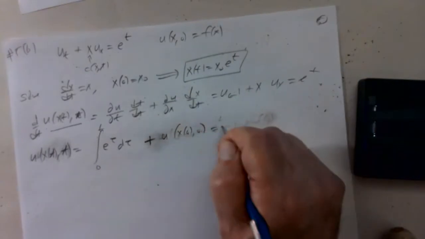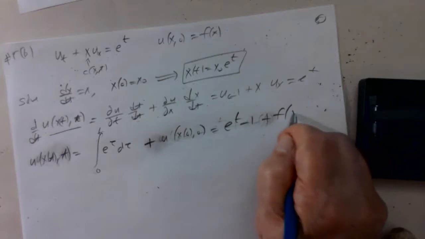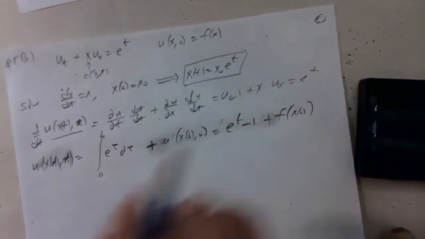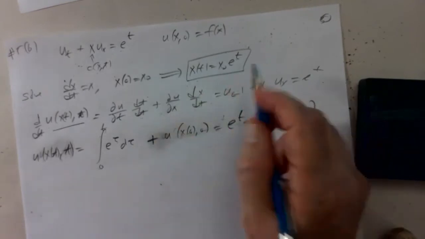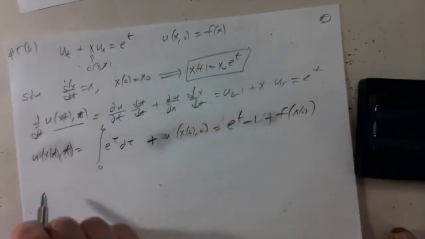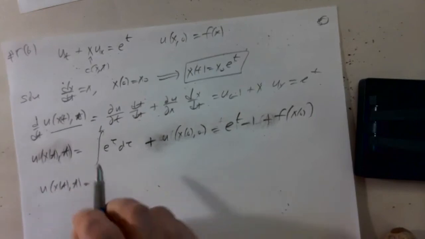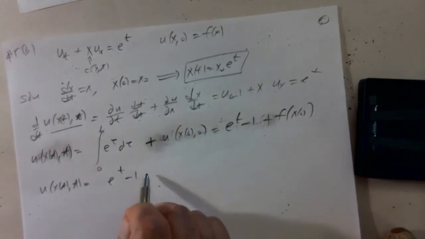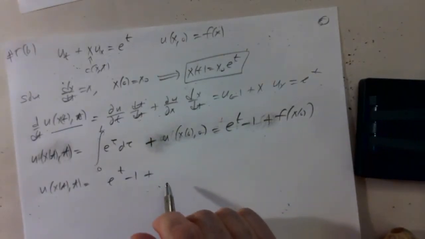So this is e to the t minus 1 plus f of x of 0. X of 0 is x naught. So u of x of t comma t is e to the t minus 1 plus f of x naught.